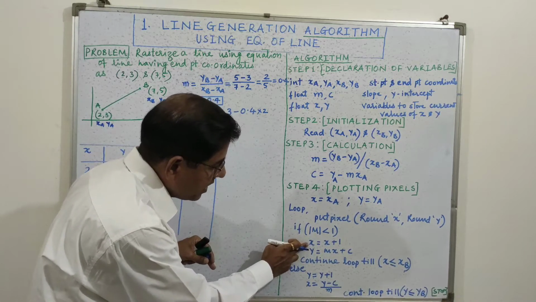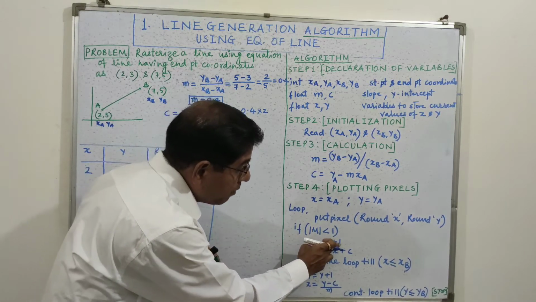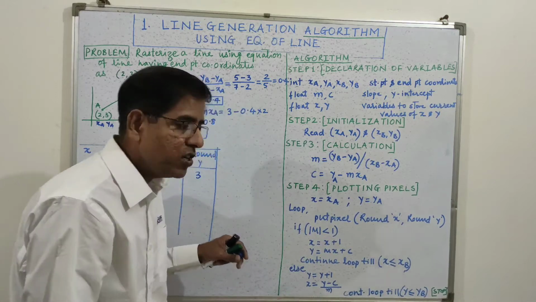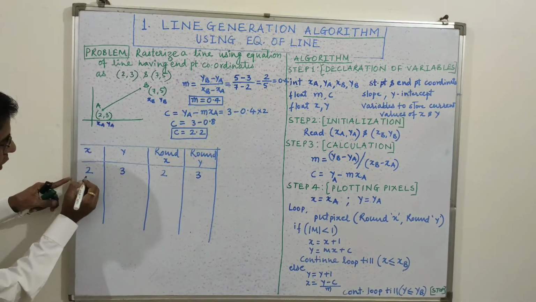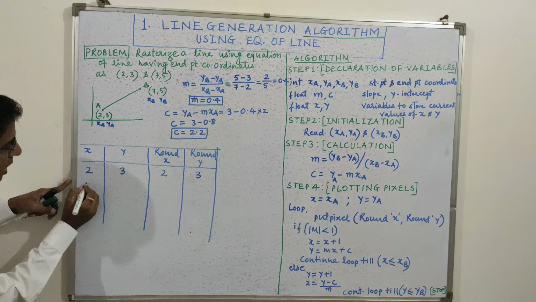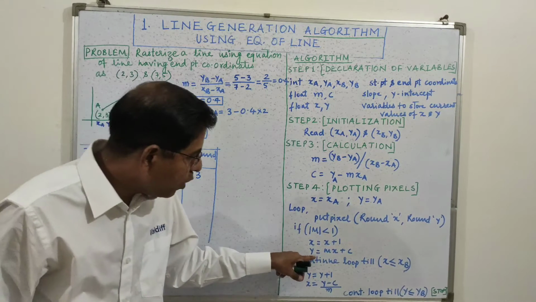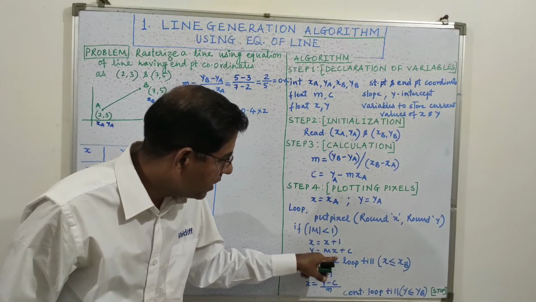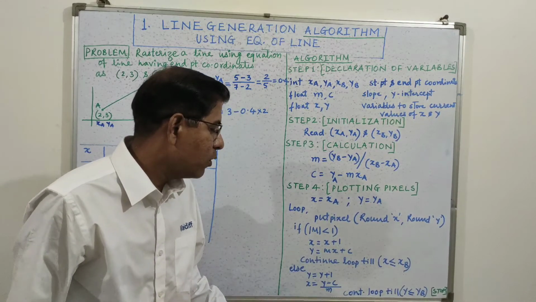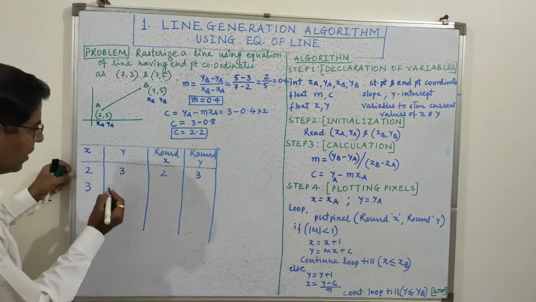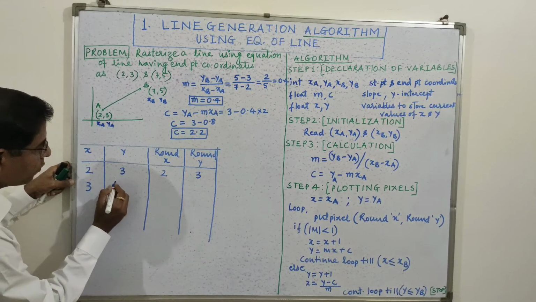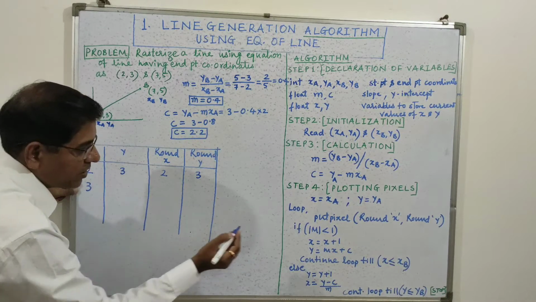The if part says that the value of x is incremented by 1 in the next iteration. So in the next iteration, we increment the value of x by 1. So 2 becomes 3. And the value of y is calculated using the formula y equals mx plus c.